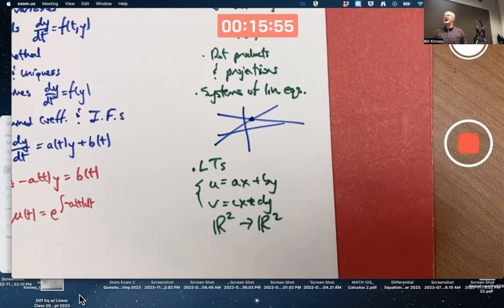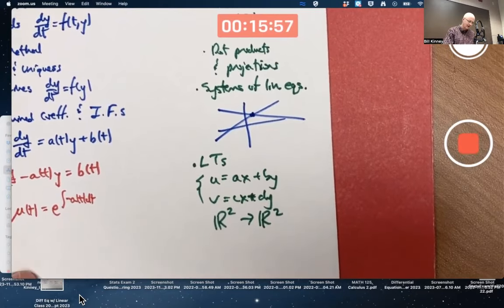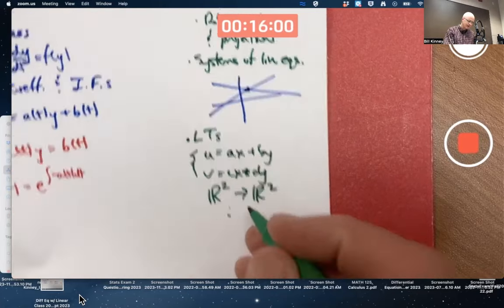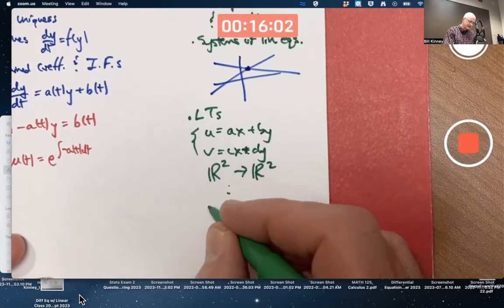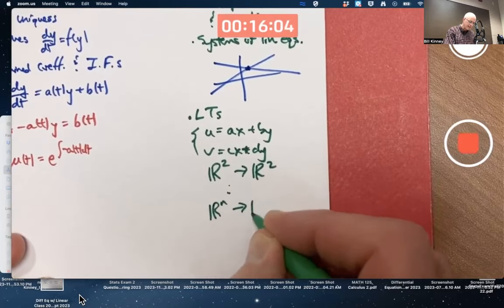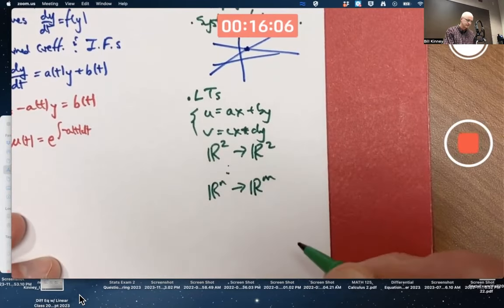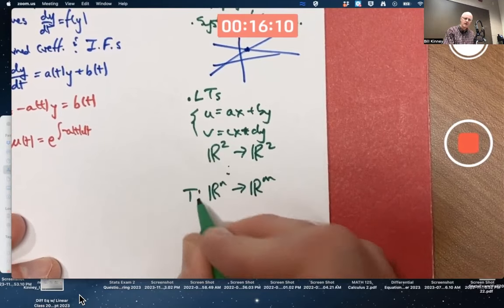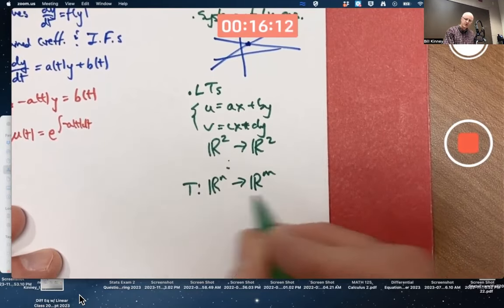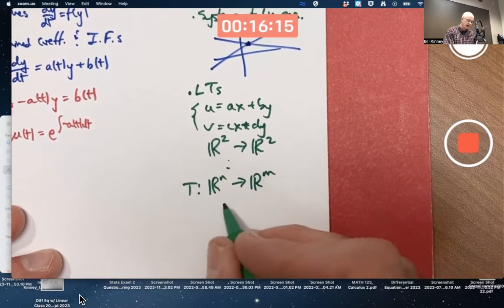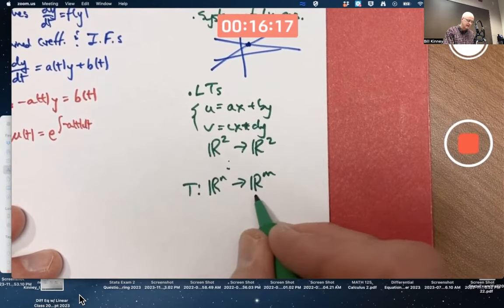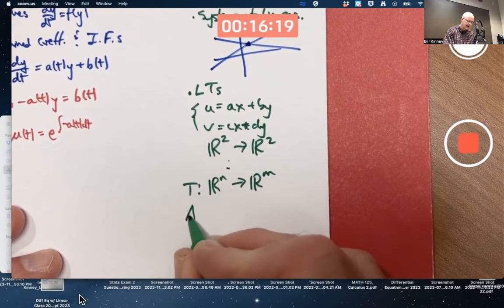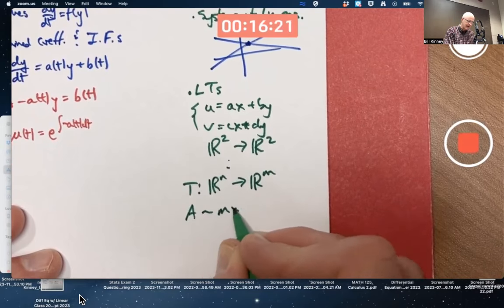Then we generalize that ultimately to transformations from, say, Rn to Rm, defined by matrix multiplication. Such a transformation, if it's linear from Rn to Rm, n-dimensional space to m-dimensional space, is going to have a matrix A that's going to be m by n.